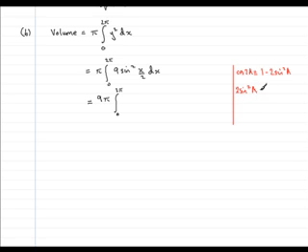I get that 2 sine squared a is identical to 1 minus cos 2a. And if I divide by 2, I'm therefore going to get that sine squared a is 1/2 of 1 minus cos 2a. I always prefer to write 1/2 of 1 minus cos 2a rather than all over 2. You'll see why in a minute.